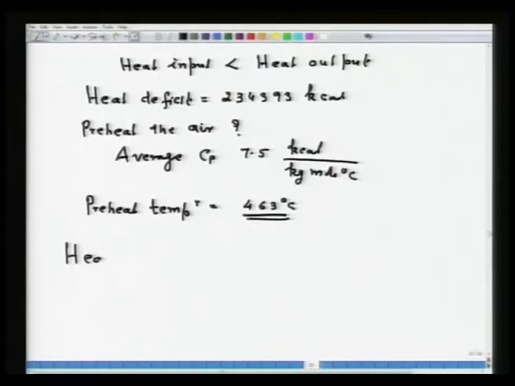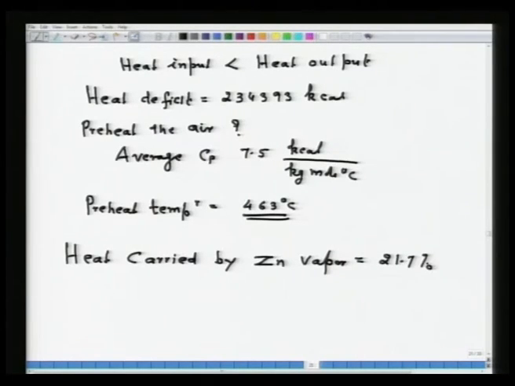So, what we see from here, the heat carried by zinc vapor is equal to 27% of the total output. Of the slag, the heat will not be available. Of the lead, the heat will not be available. Only the heat carried by the gases, CO, CO2, O2 and N2, will be available.